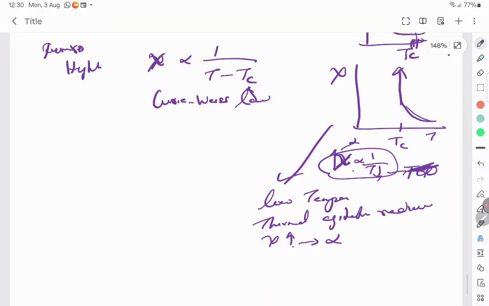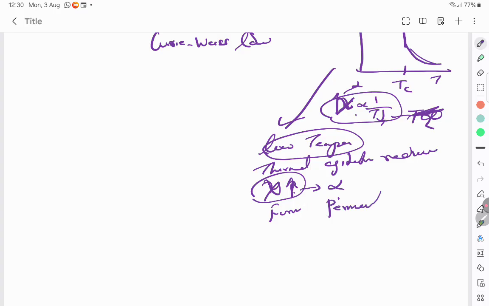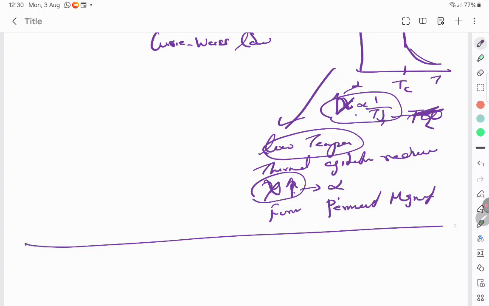We're not even talking about 0 here. When the temperature comes closer to the Curie temperature, the susceptibility becomes infinite, which means the ferromagnetic substance has an immense ability to get magnetized and behaves like a permanent magnet at lower temperature. Something so beautiful. You have got to remember this.